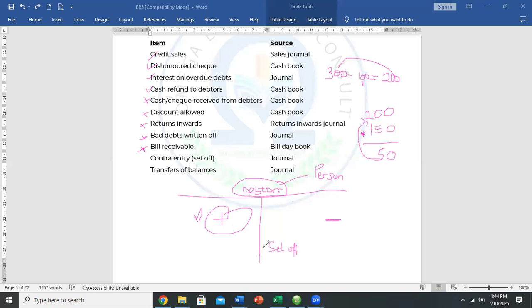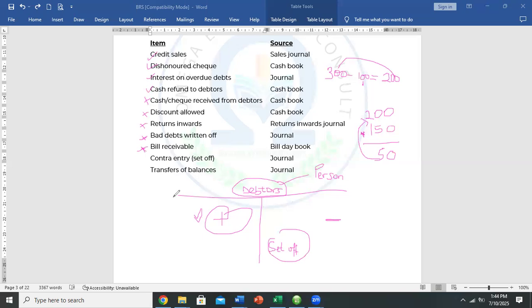So any set off will be credited. Set off means you want to cancel that balance, right? So if you are canceling, you can't put it at the debit side. You put it at the credit side to cancel. And then the transfers, I think when we discuss the creditors control account, we'll look at the transfers.